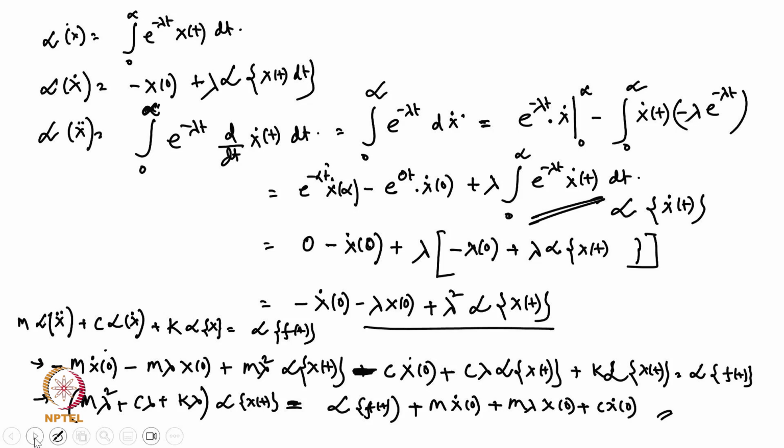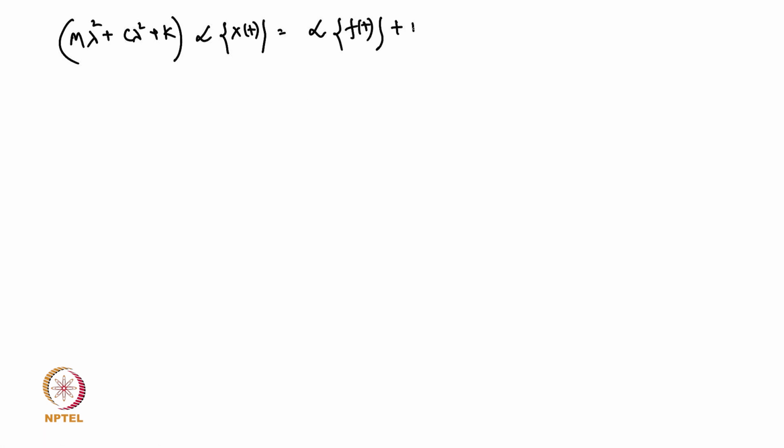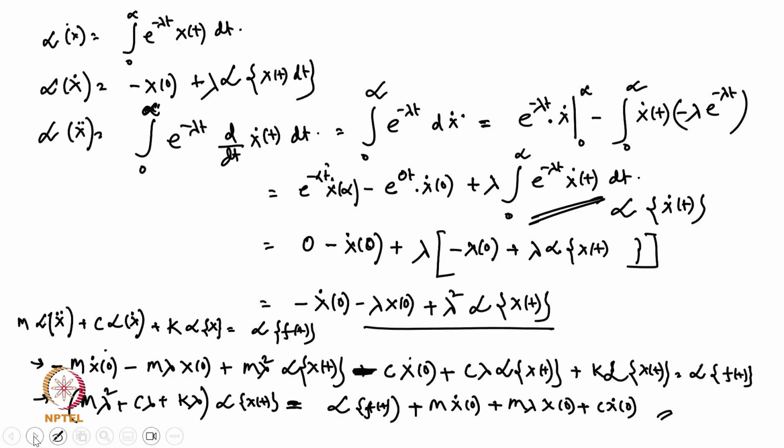If I write one step more, taking a copy of that, m lambda square plus c lambda plus k times the Laplace of x of t will be equal to the Laplace of f of t plus m x dot 0 plus m lambda x0 plus c x0.